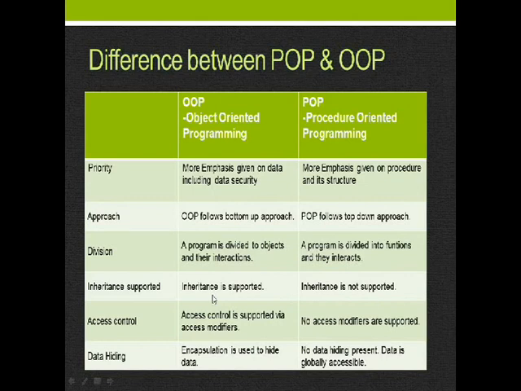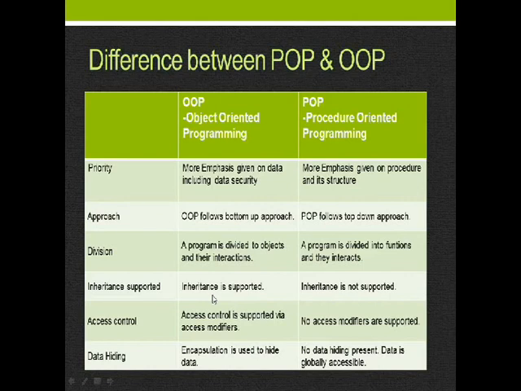Inheritance is supported in object oriented programming, but there is no concept of inheritance in procedure oriented programming. Access control is supported via access modifiers, and in procedure oriented programming no access modifiers are supported.